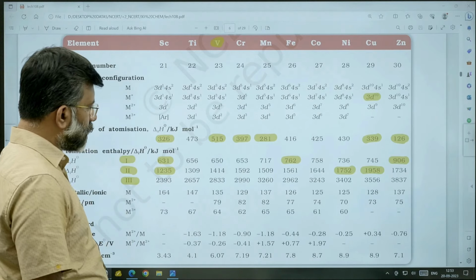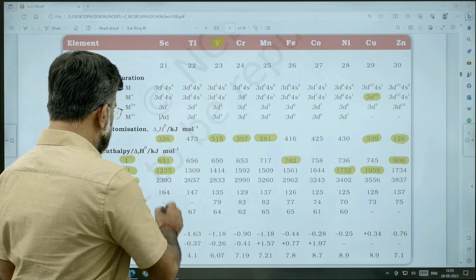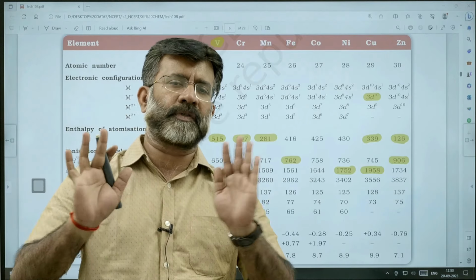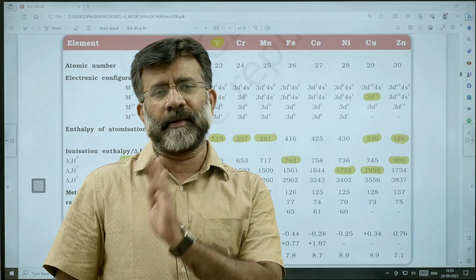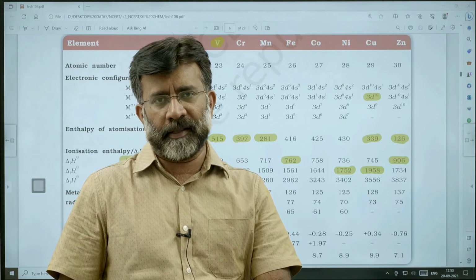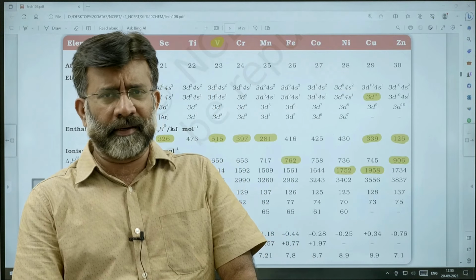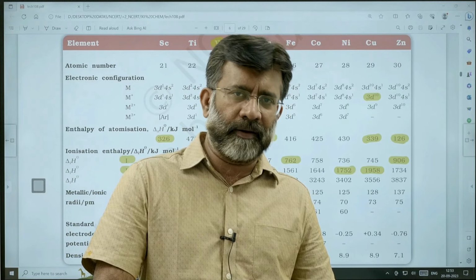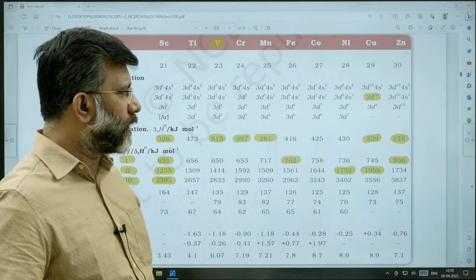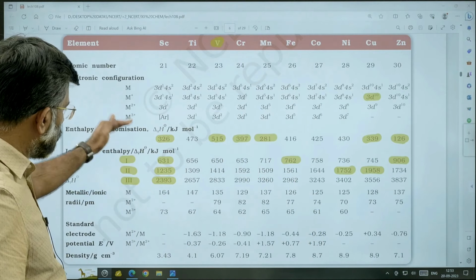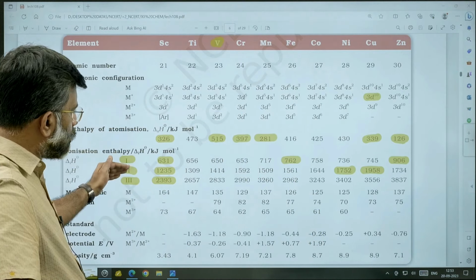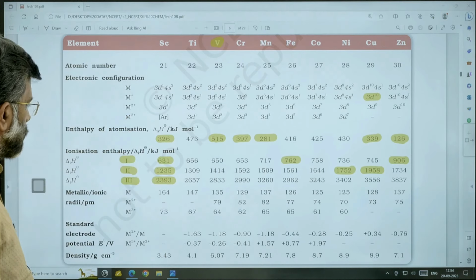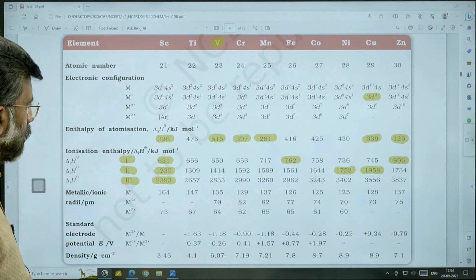Third ionization enthalpy, once again I think first, second, third are all minimum for scandium, because scandium will be bigger in size. Bigger the size of the atom, lower will be the ionization enthalpy. No doubt about it. So whether it is first, second or third ionization enthalpy, minimum is for scandium. That's a quite interesting observation.